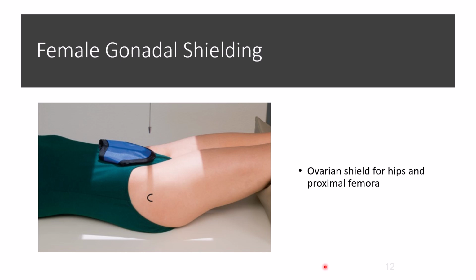It's just saying that you are able to, if you're literally just looking at the hips and the proximal femur, there is a possibility that you could use female gonadal shields, because remember, the ovaries lie above the pubic symphysis, so this would obscure anatomy. So again, it is not recommended, but all males can have gonadal shielding for hips and pelvis and femur images, but female shielding is not really likely unless you are told that you are able to do something like this and obscure the anatomy.